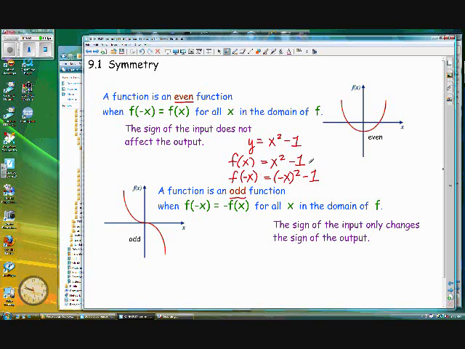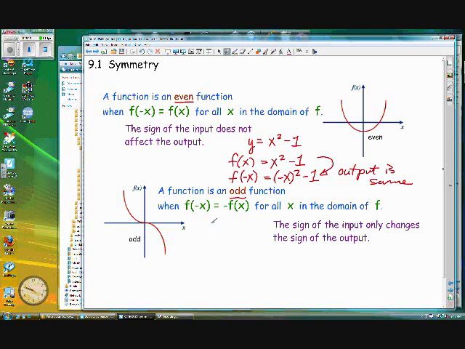The output that we get from this operation is exactly the same as this output. So the output is the same. That's always true with an even function.